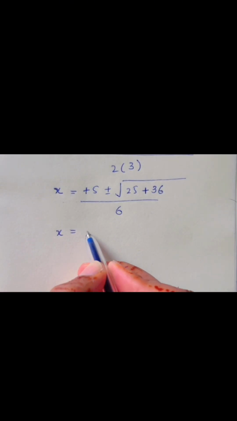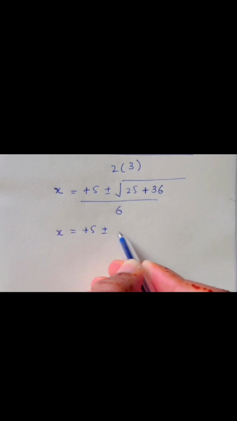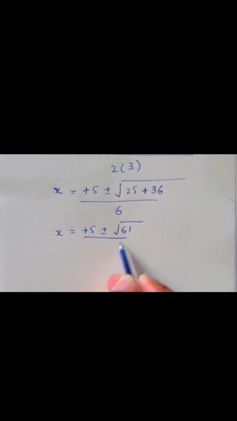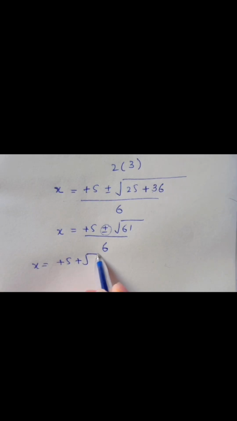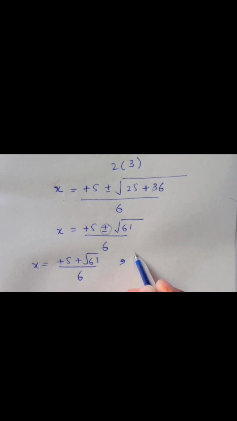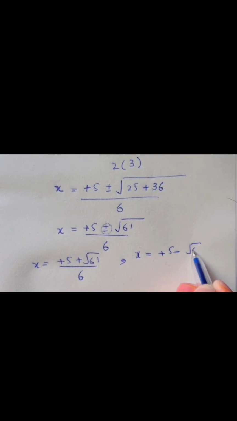Then x is equal to 5 plus minus, we will add these two values, which is equal to 61, then divided by 6. Now similarly we have two signs plus minus, so we will get two solution sets, in which one is positive and second is negative, which is x is equal to plus 5 minus under root 61 divided by 6.